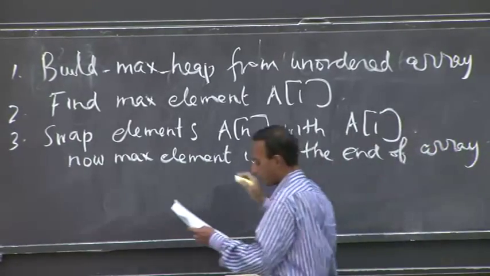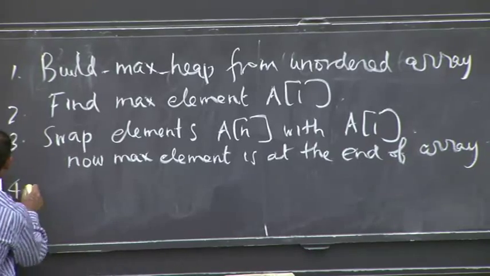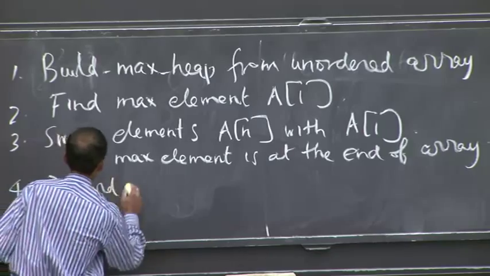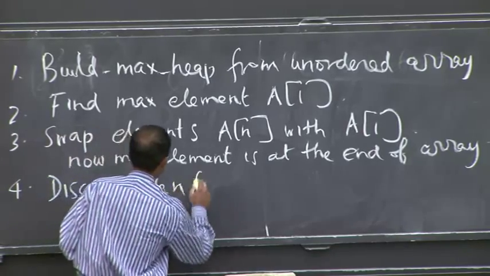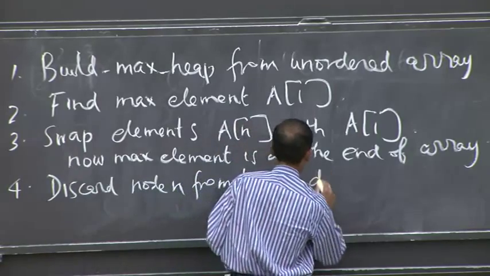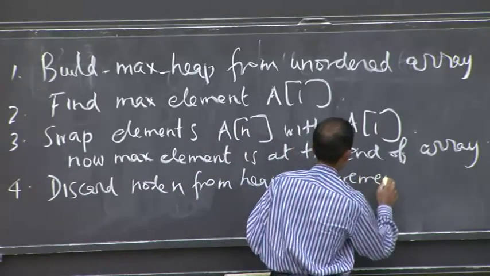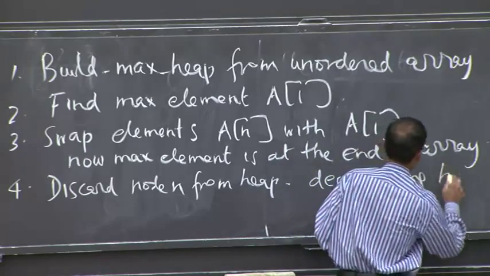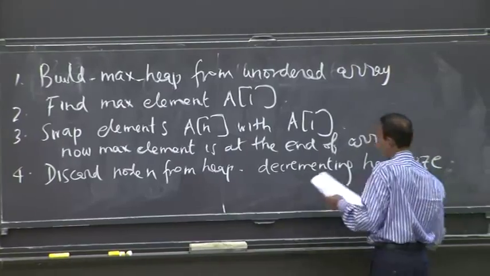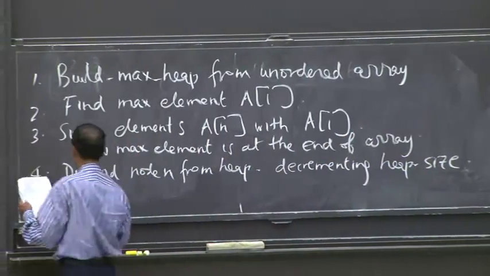Okay, when you do the swap. That's the one step that I'll have to spend another minute on. Now we discard node n from the heap simply by decrementing heap size. So the heap becomes n minus 1 in size from n in the first iteration.